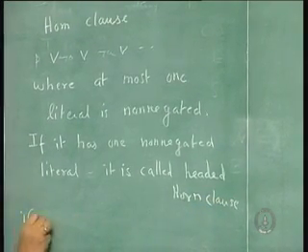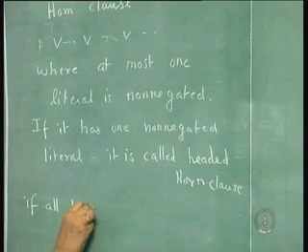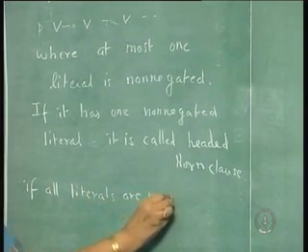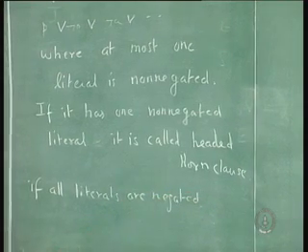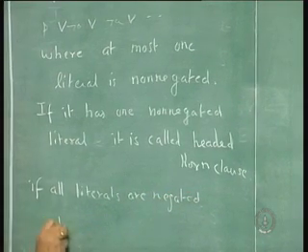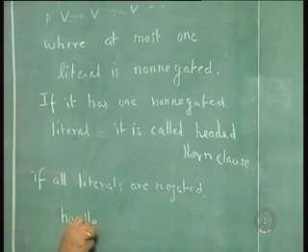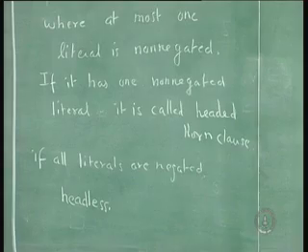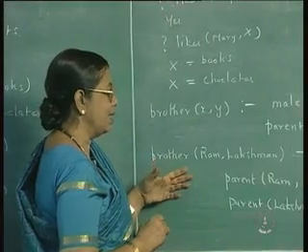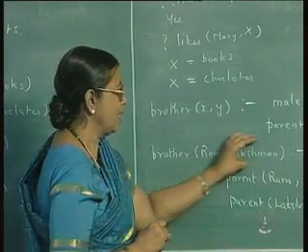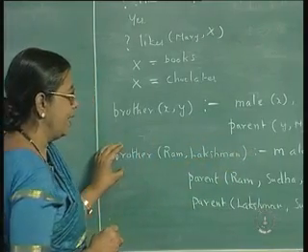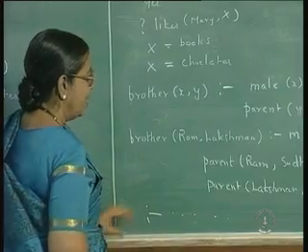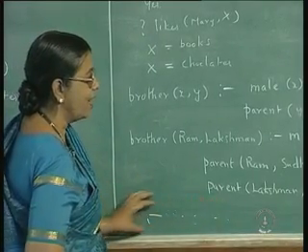If all literals are negated, it is said to be a headless clause, a headless Horn clause. Now, in the Prolog sense, this is looked at as a clause, and this portion is the head, and if you derive something from some facts and rules, if you have something like this, this is called a headless clause.